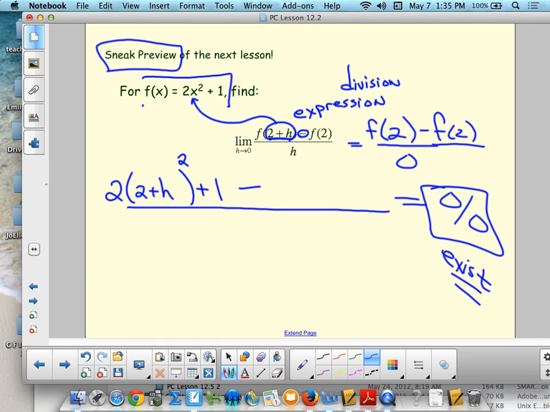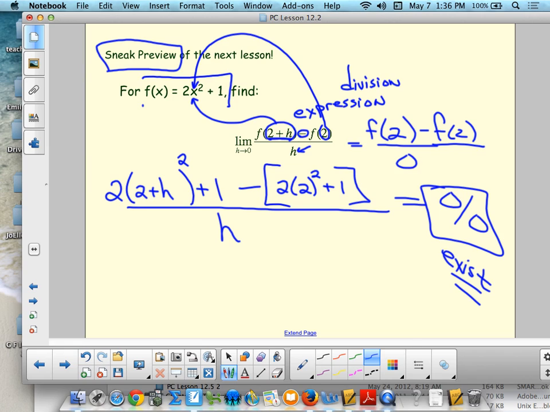So put a minus sign down. Then it says to subtract what? f of 2. That number, f of 2, gets plugged into your function. So I'm going to subtract f of 2, where 2 goes in. So I put 2 in, I fill it in, I've got to figure that out. And it's all divided by what letter? What letter am I dividing by? H. So put an h underneath.